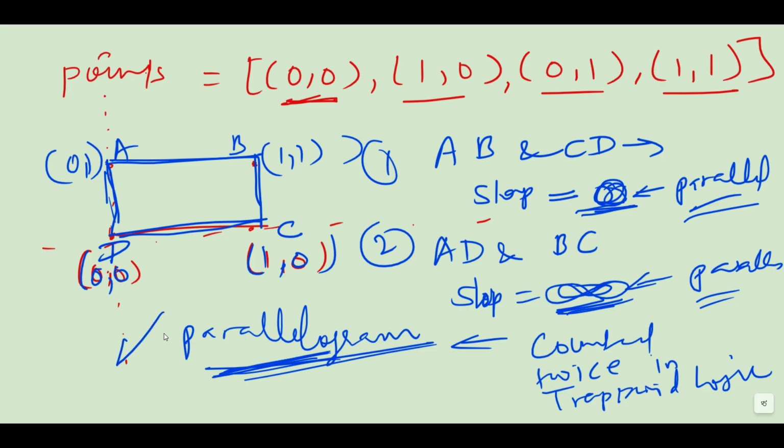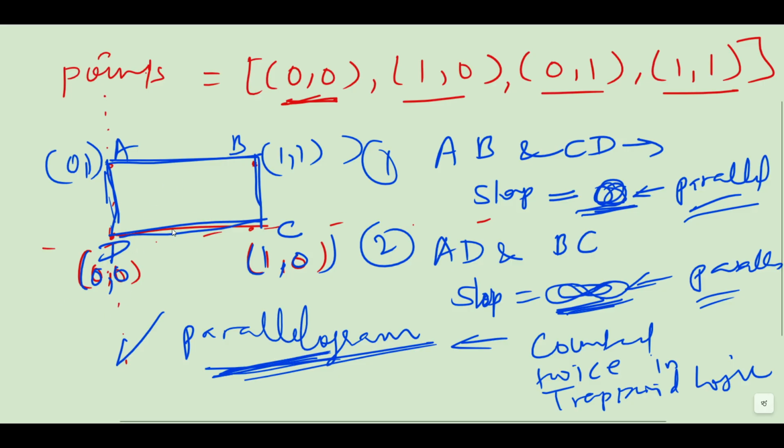With this logic, we will subtract one parallelogram to avoid the duplicate counting, right? If we avoid the duplicate counting, we are good to go.